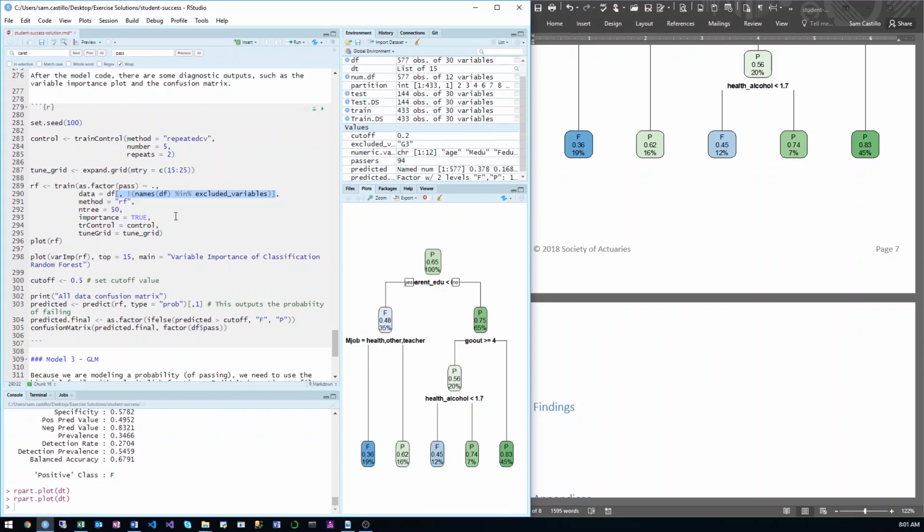Now, in a perfect world, if this was a real modeling scenario, you would be using cross-validation based on the training data. You would then select the hyperparameters which have the best cross-validation results. Then, if you wanted to compare models, like let's say you wanted to compare the random forest to the decision tree to the GLM, you would then evaluate all three models on the test data.